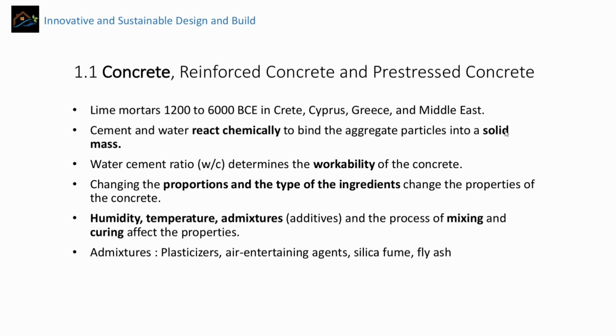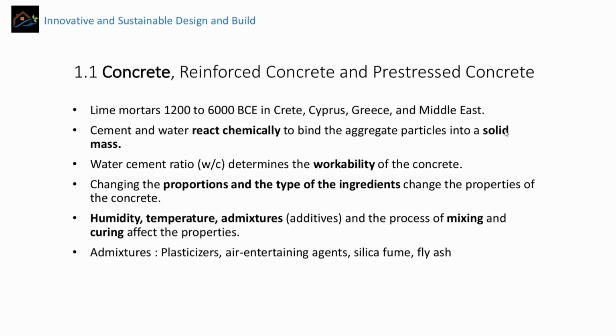And if the temperature is very high, then we need more water for the concrete so that it doesn't evaporate quickly, as we know that this chemical reaction, the chemical bond between cement and water, takes time. Therefore, we need to keep the concrete wet for about 28 days so that it gets the final, or basically the maximum desired strength.